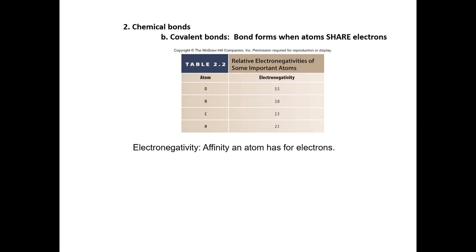If we look at our little chart here, why do you think we're using these four elements? Oxygen, hydrogen. Yep, Jonah. Okay, so we're going to focus on the four most common biological elements: carbon, hydrogen, oxygen, and nitrogen. What do we notice about this chart? What do we notice about the electronegativity? Their differences. Let's look at the difference between oxygen and carbon, for example. Is there a difference up there?